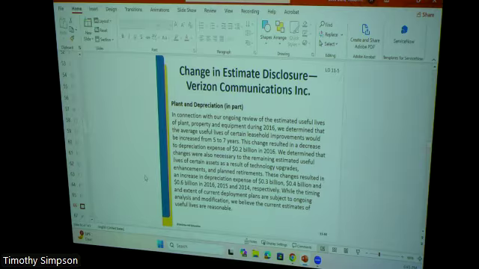A lot of leasehold improvements were put in for disability purposes, but it isn't just that. It's things like widening doorways so you can get forklifts through and stuff like that. And we're saying now they're going to expand that from 5 to 7 years. So it's going to result in a decrease in depreciation expense of $200 million in 2016.